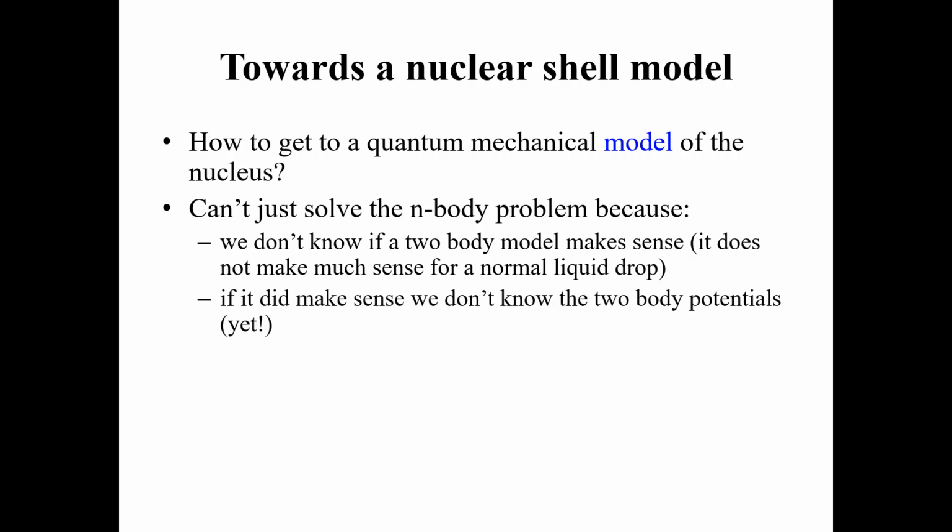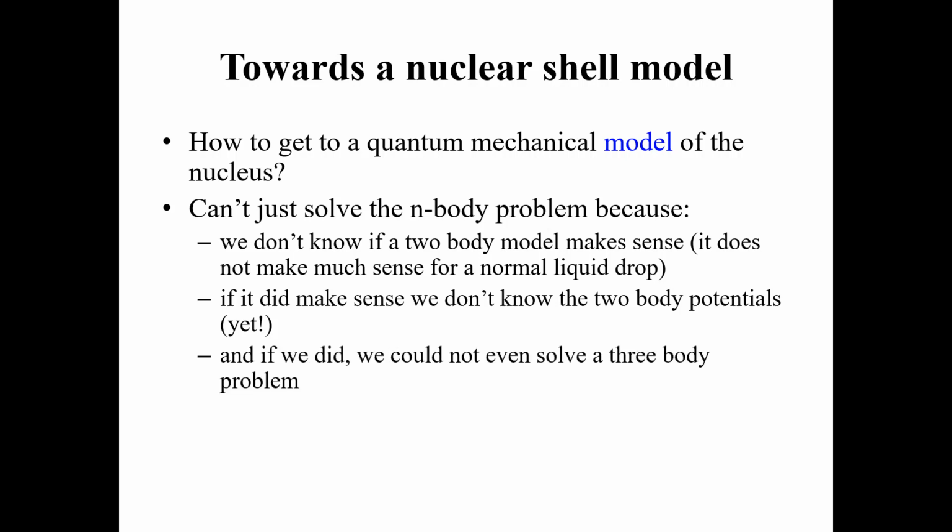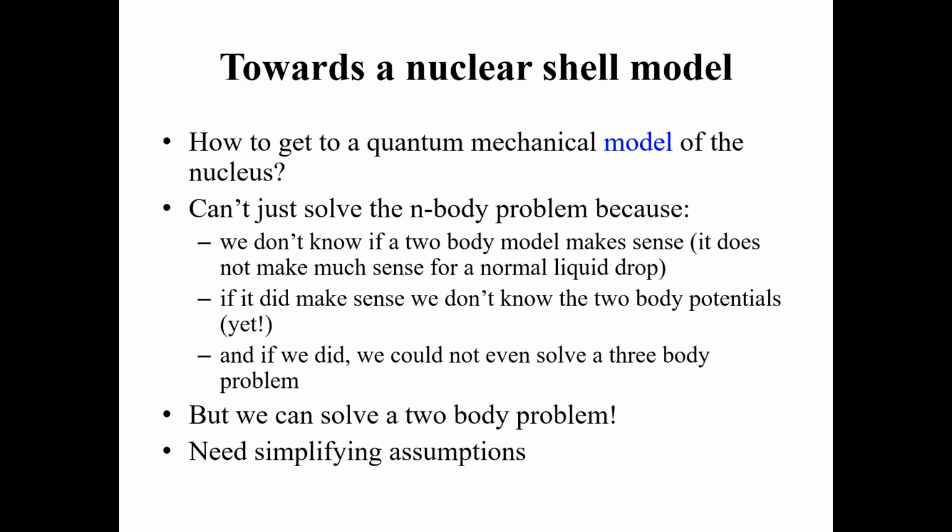If it did make sense, we don't know the two-body potentials yet, and if we did, we could not even solve a three-body problem, but we can solve a two-body problem. So we need simplifying assumptions. These were the questions which lead us towards another model that we call the shell model.